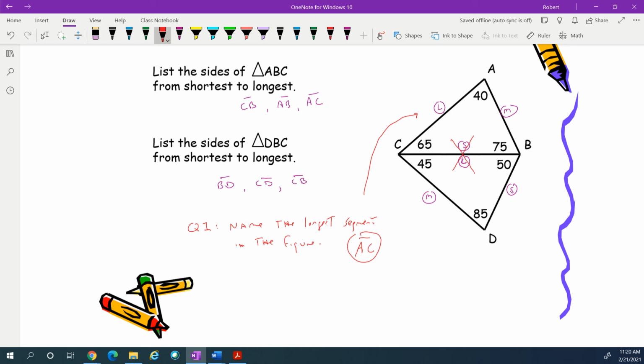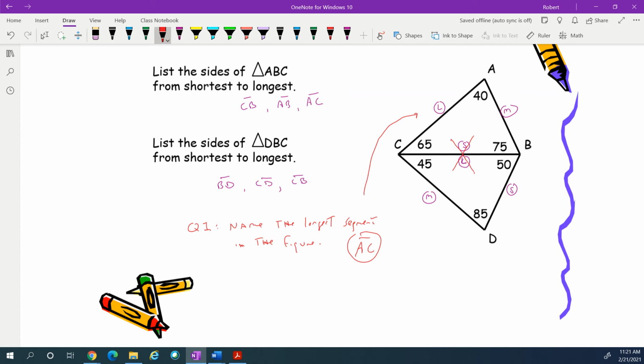The segment CB is the longest from one triangle, but it is the shortest of the other triangle, which means the other triangle has things that are bigger. Whenever that shared segment is labeled two different things, they effectively cancel each other out. So in this figure, the longest is AC.